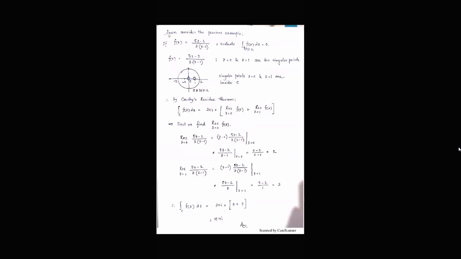When you are checking differentiability, you take the limit z tends to 1, and as z tends to 1 the value goes to infinity. So the function is not differentiable at that point.